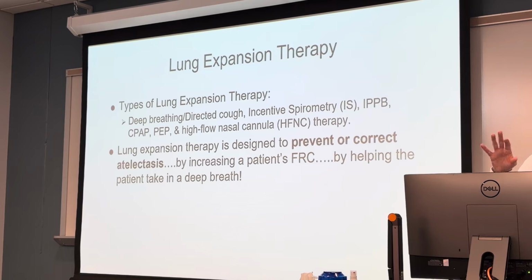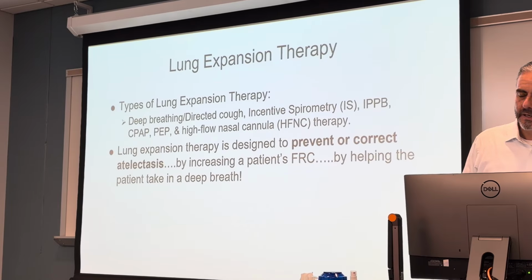All right, so we'll talk about several of these, the different types of lung expansion therapies we can provide our patient. Some of the names here: deep breathing or directed coughing. Yes, it could be as simple as that. Okay, patient, I need you to take deep breaths and I need you to cough. Now, some people can follow that instruction precisely.